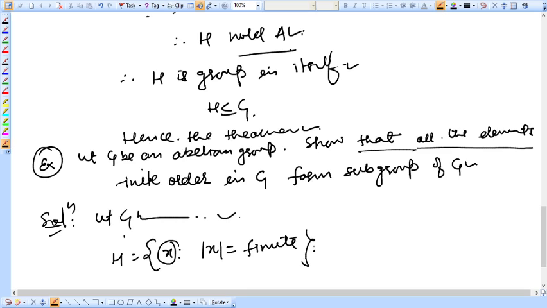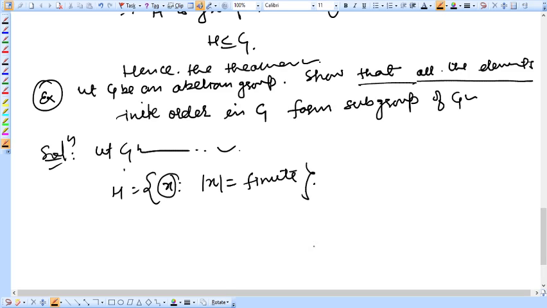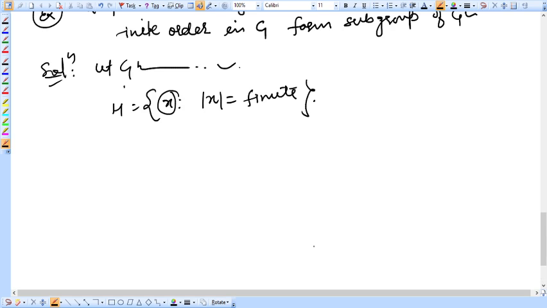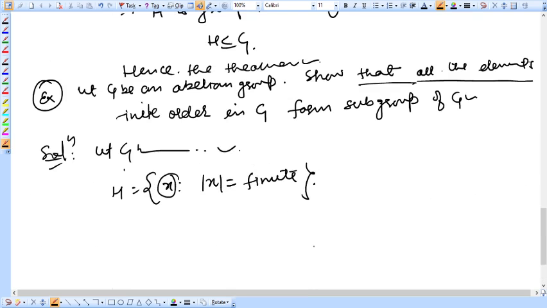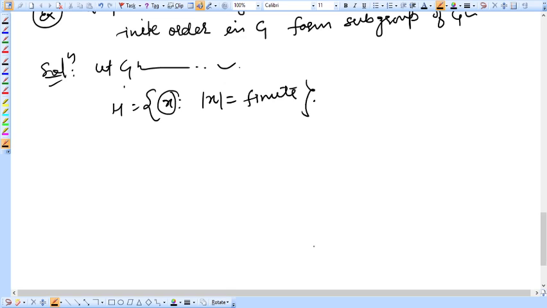We want to show that this H forms a subgroup of G. How are we going to do this? We can prove this using the two-step subgroup test. Also we can prove this by the one-step subgroup test.